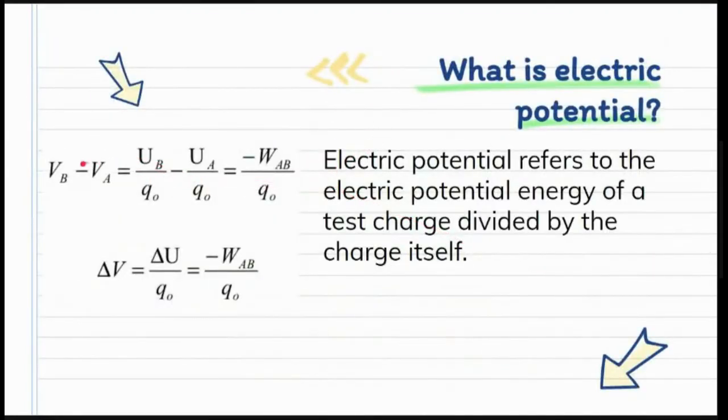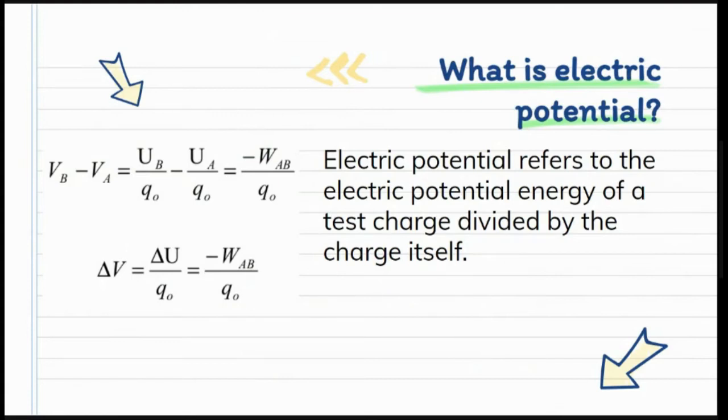So, we have here the potential difference V sub B minus V sub A. Now, what is V? V is a representation of electric potential. Okay? Now, electric potential has also another term aside from potential difference. It is also known as the voltage of the system.